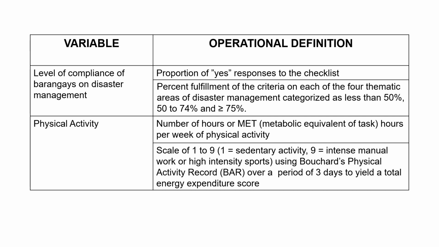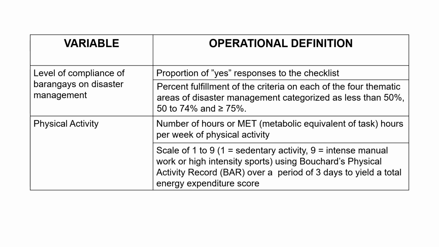Level of compliance of barangays on disaster management can be operationally defined either as the proportion of yes responses to a checklist, which makes it nominal, or the percent fulfillment of the criteria on each of the four thematic areas of disaster management, categorized as less than 50%, 50 to 74%, and more than or equal to 75%, which makes it qualitative ordinal.